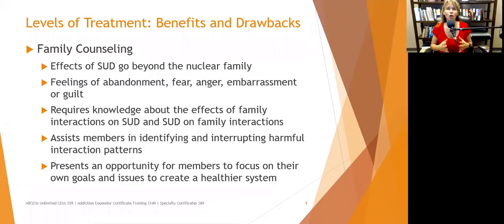Family counseling requires knowledge about the effects of family interactions on the substance use disorder and the impact of the substance use disorder on family interactions. So I remind you of the family roles in the addicted family: the hero, the scapegoat, the mascot, the enabler, the lost child. Those are common in an addicted family.